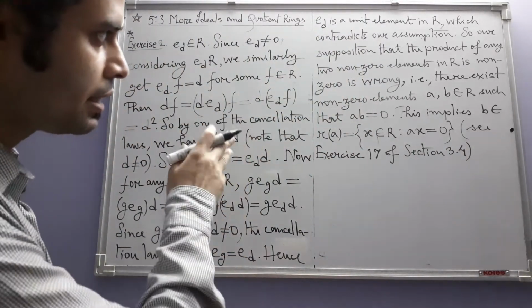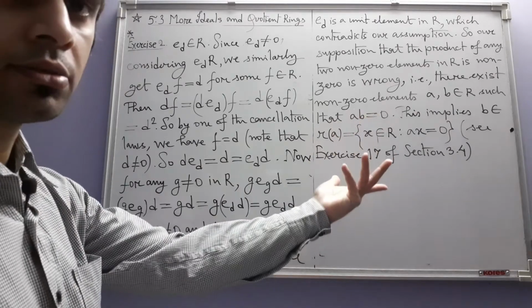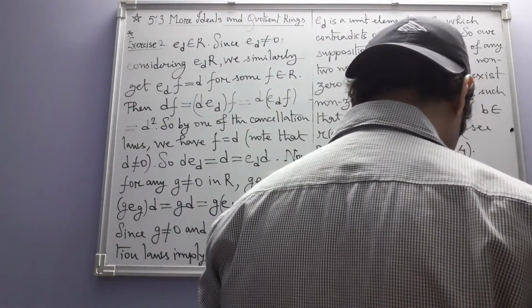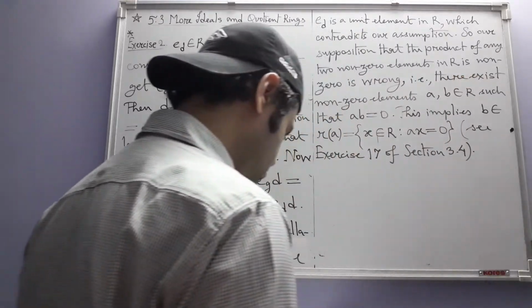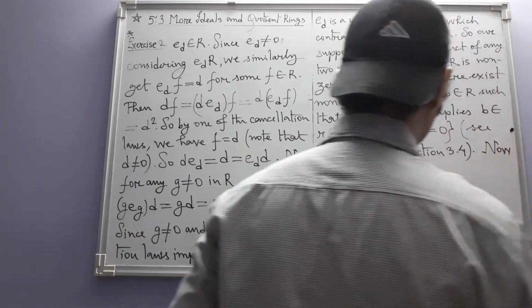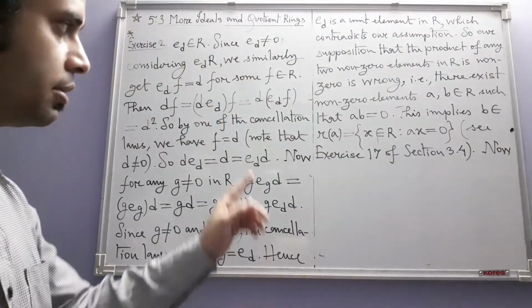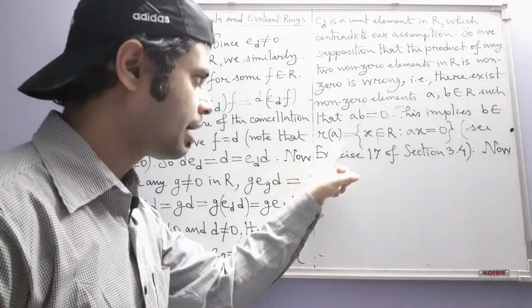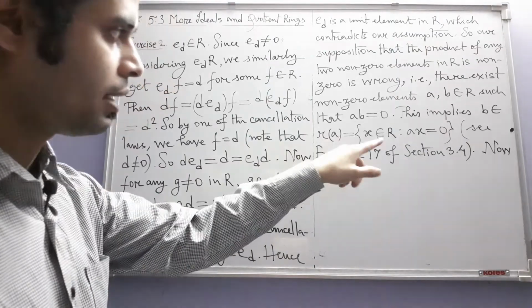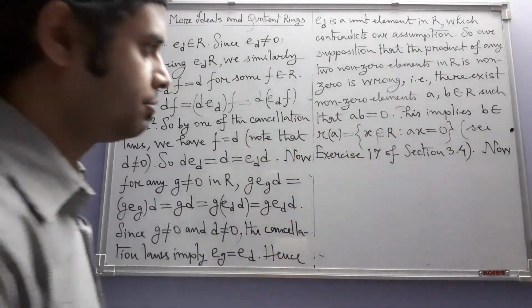So now B is an element in Ra because AB is equal to 0. Okay. Now in that exercise, if you recall, we proved that Ra is a right ideal of R. For any element A, this Ra is a right ideal of R.